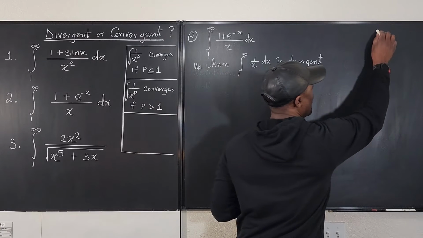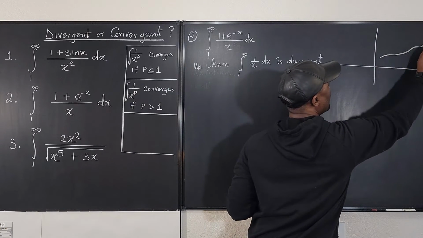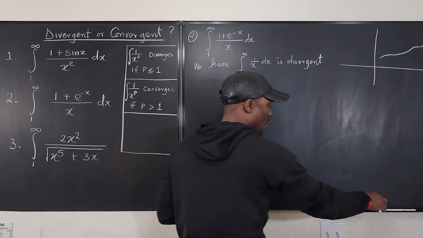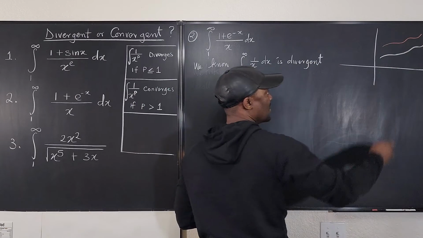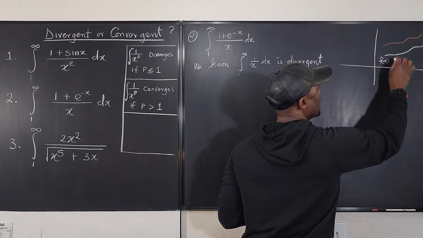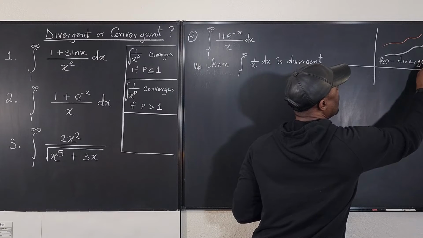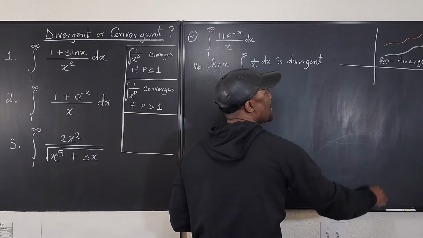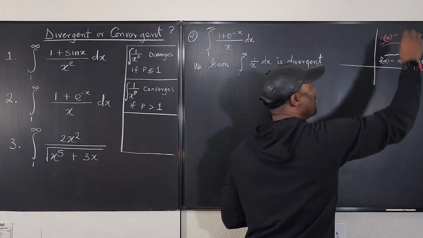So, because this is what we have. We have a graph. This graph is going away from the x-axis. So whatever graph you're dealing with has to be above it for it to be divergent. So let's call this f of x. This is f of x, and it is divergent, okay? So whatever you're creating has to be g of x, and it has to be above it, okay?